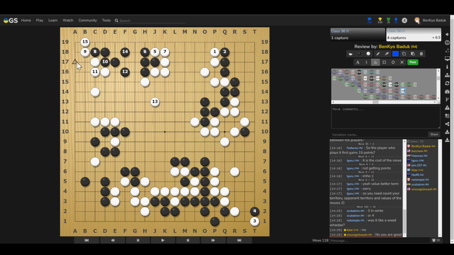But instead it becomes 1. So that's a 3-point difference already. But also black is going to be affected because later there can be this push. Even though we don't know if white's going to get this push, that push isn't even a possibility if black had played here first, right?